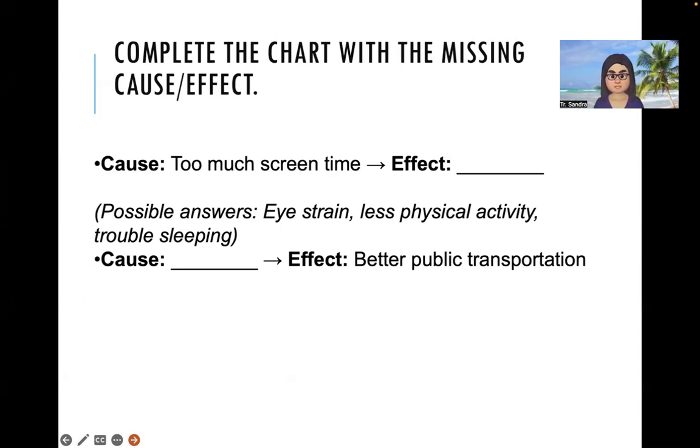Another one will be, if there are a lot of people, there will be better public transportation. If there are only a few people and the city dwellers don't care about the development of their town, they will use their own motorbikes and bicycles for transportation.